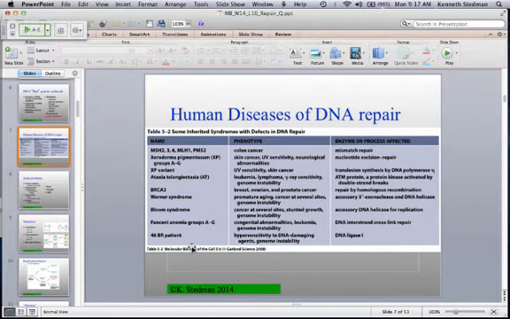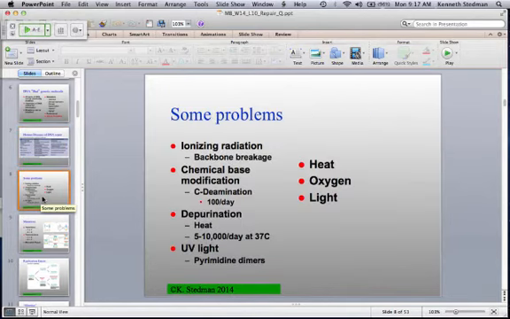So lots and lots of congenital human diseases have to do with DNA repair. And so that also gives you a good indication that DNA repair is a rather important process. What are the problems? Well, basically we live in an environment where DNA is not particularly stable.